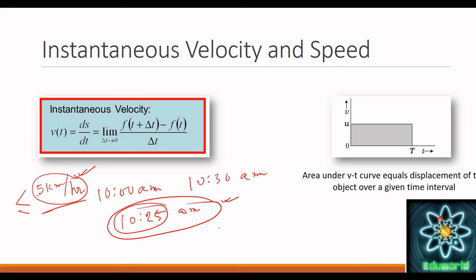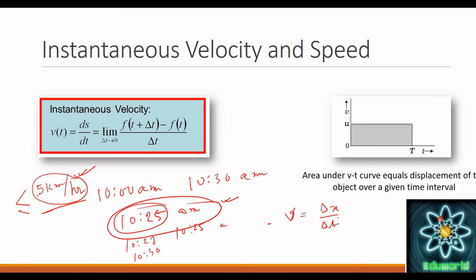At 10:25 we will look at your position, where you are, and at the next moment, now here comes the tricky part. What will be the next moment? That can be 10:27, that can be 10:30, or even 10:25 but some seconds after. So after that moment, what will be your position? We will get that position. So what was our average velocity? Average velocity was del x by del t.